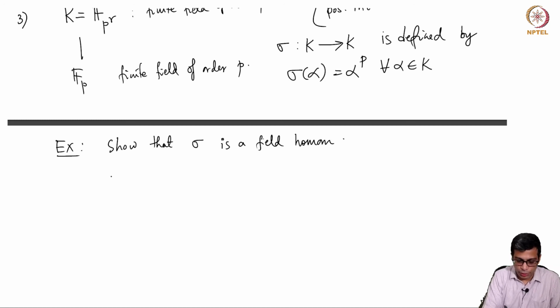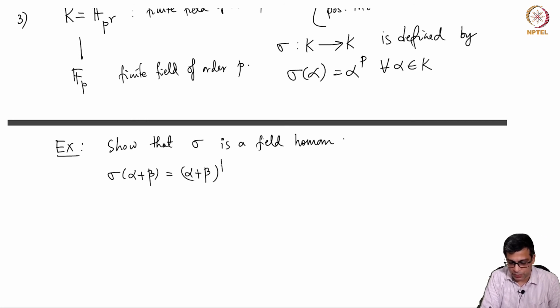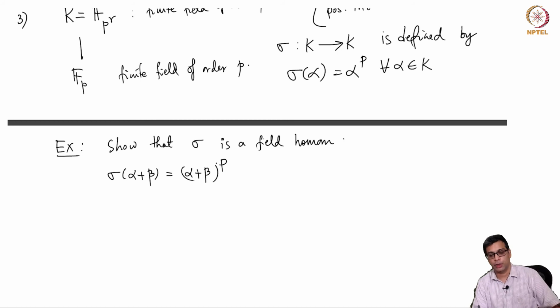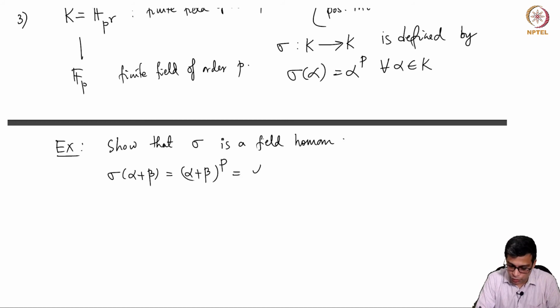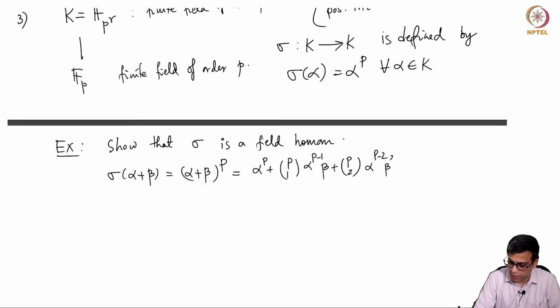You have to show it for addition. So sigma of alpha plus beta will be (alpha plus beta)^p, because sigma sends everything to its pth power. So this is alpha^p plus p choose 1 alpha^{p-1} beta plus p choose 2 alpha^{p-2} beta^2 and so on, up to p alpha beta^{p-1} plus beta^p.